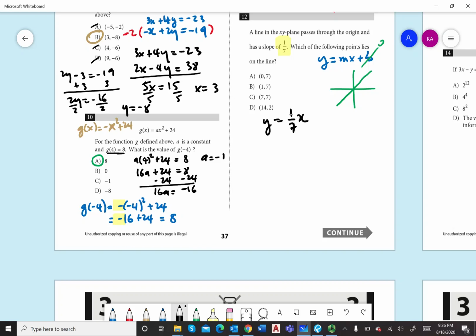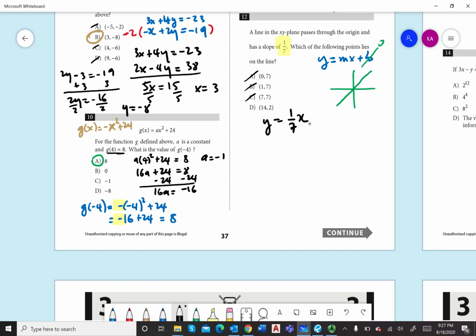anything multiplied by 0 is 0, and I don't have 0 for y, so that doesn't work. If I plug in 1, 1/7 times 1 is 1/7. Any number times 1 is that number, but it tells me 7, so that's not the answer. Now 7 times 1/7 is 7/7, which is 1, so that doesn't work.